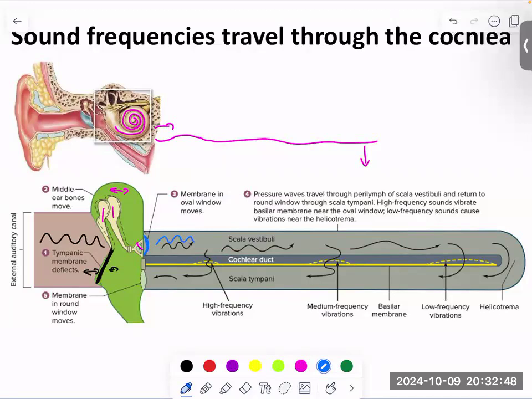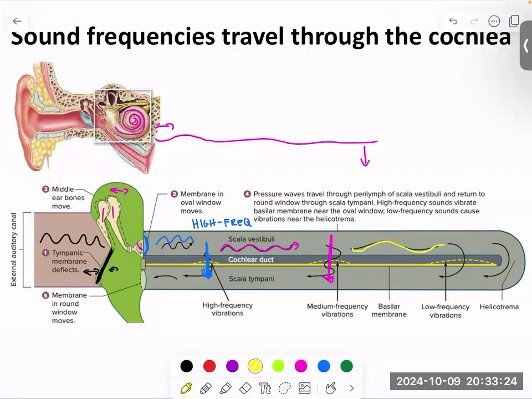So the frequency is going to determine how far down the cochlea it goes. If it has a high frequency, high pitched noises are going to cut through the cochlear duct early on. If it has a medium frequency, moderate frequency, it's going to cut through the cochlear duct about halfway through.